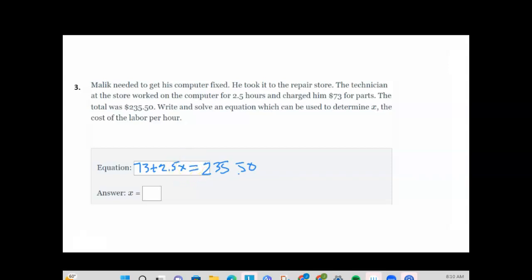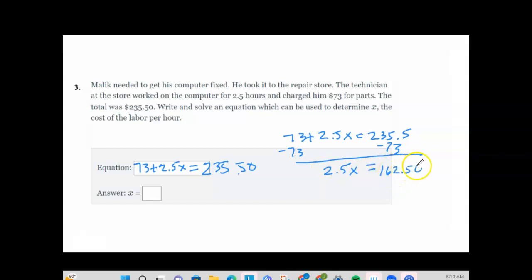All right, so let's go over here and actually solve. 73 plus 2.5x equals 235.5. So subtract 73, 2.5x equals 162.5, and then divide by 2.5.